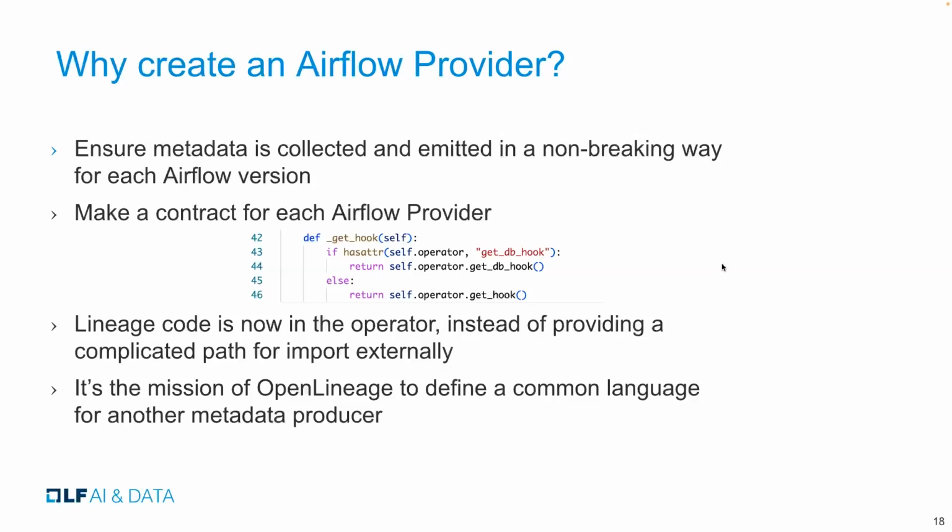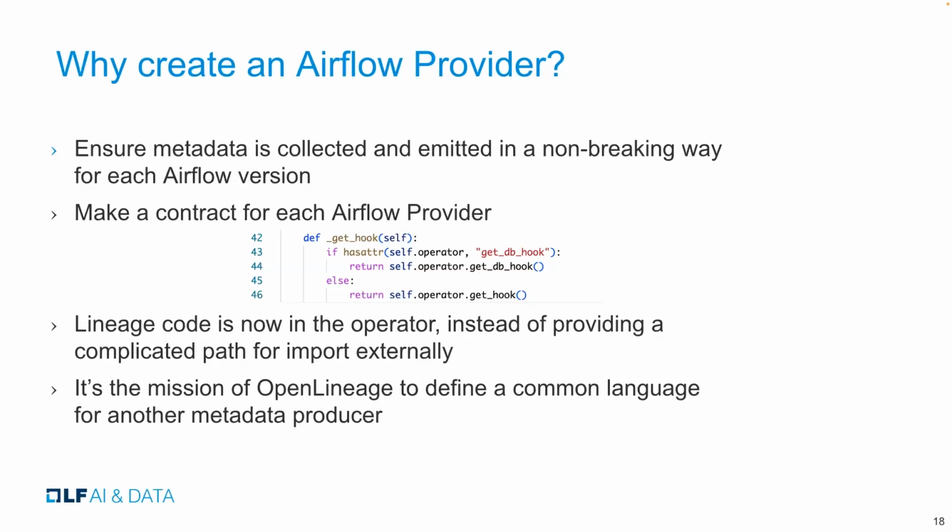The other thing is that not only we keep the latest code up to date with all the providers, but we also become part of these providers of the operators. So we can include the whole logic inside operator or hook.